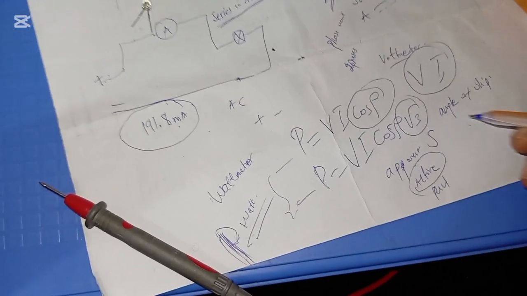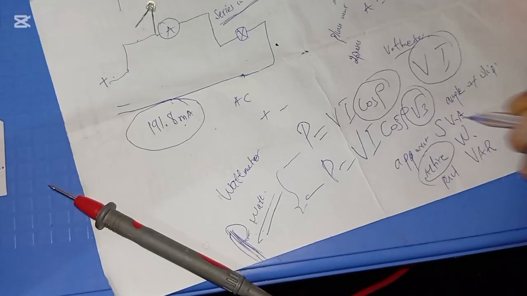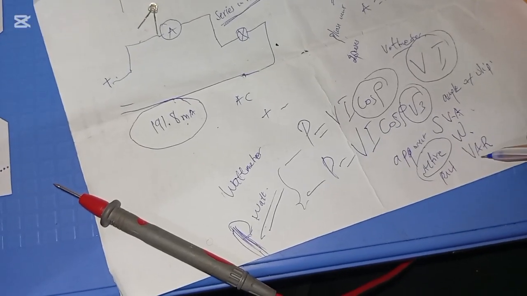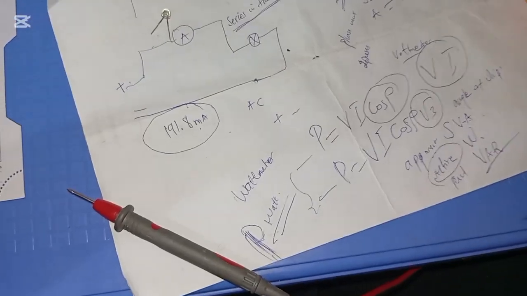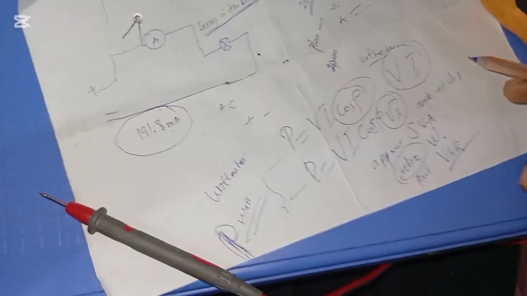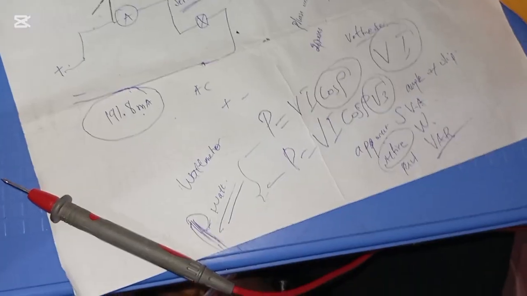Then we have reactive power, which is in VAR. So that is how power is complex in AC, in an alternating current system. We are not going into details.